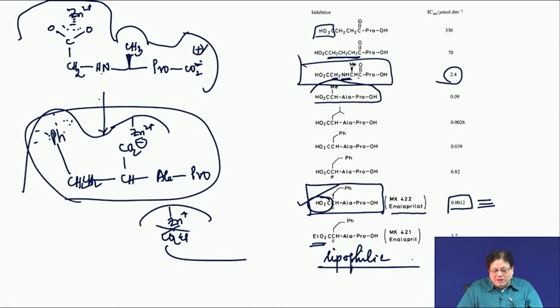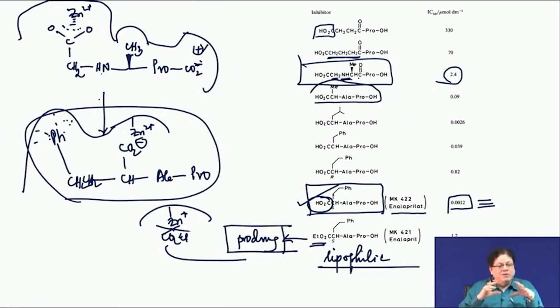It has good absorption property, and the beauty is that as soon as it goes into the bloodstream, there are many non-specific esterases in the body which hydrolyze it and form the enalaprilat in the bloodstream. So, basically this is what is called a prodrug. This is not the drug, this is a prodrug.